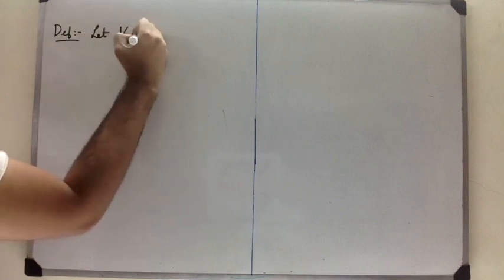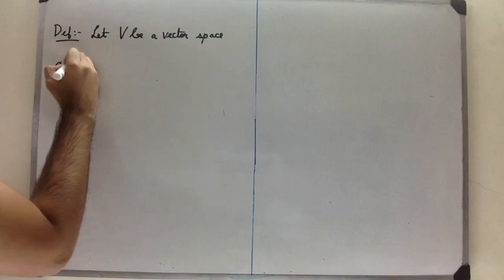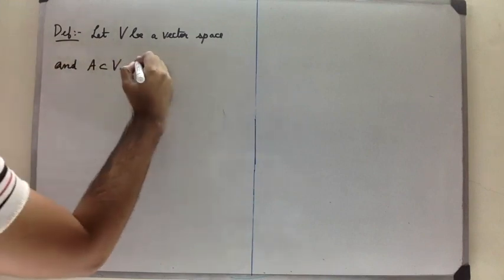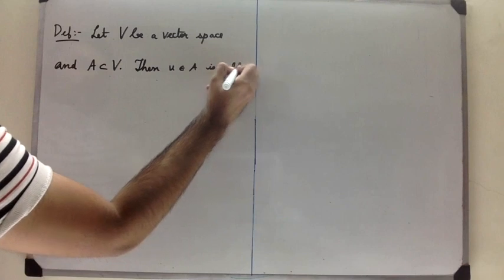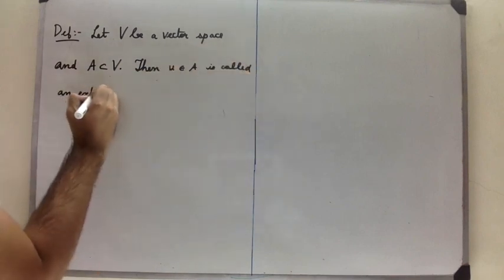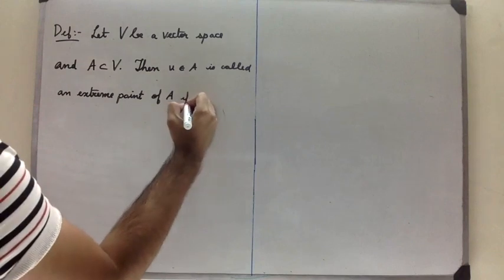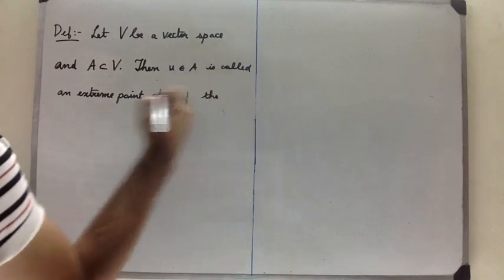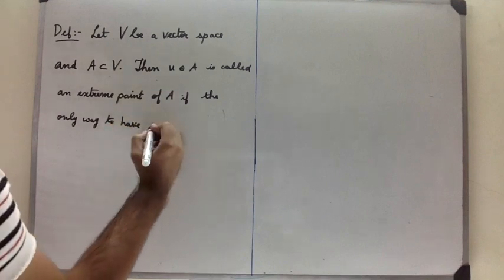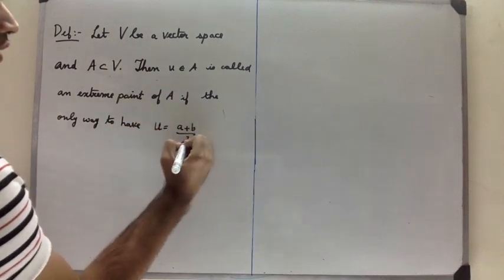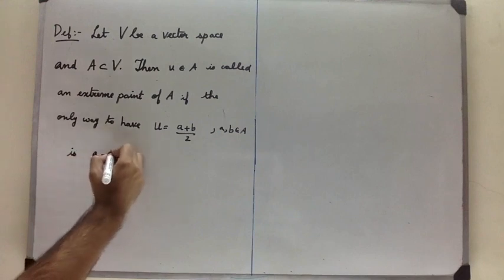Let V be a vector space and A a subset of V. Then u element of A is called an extreme point of A if the only way to have u equal to a plus b by 2 for a, b elements of A is that a and b are both equal to u.